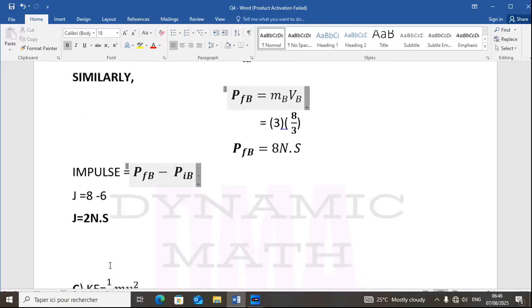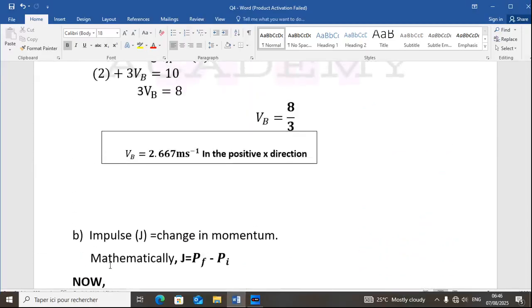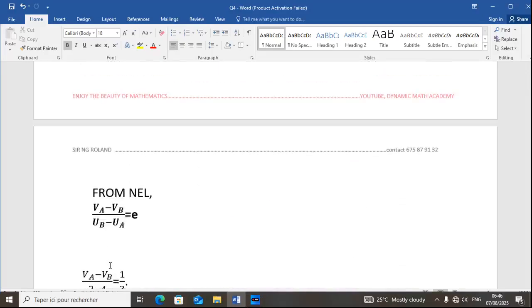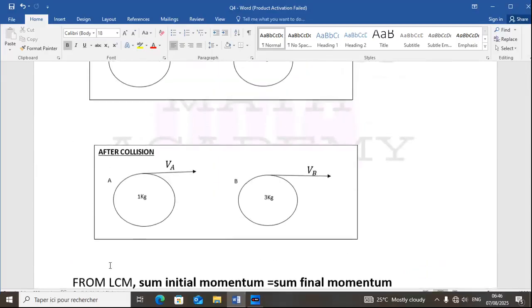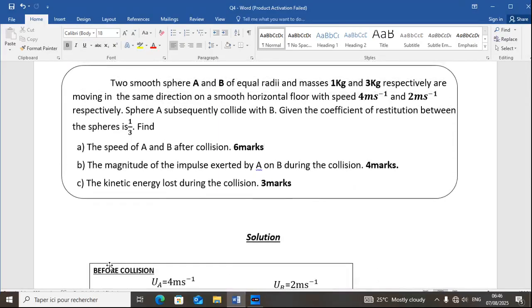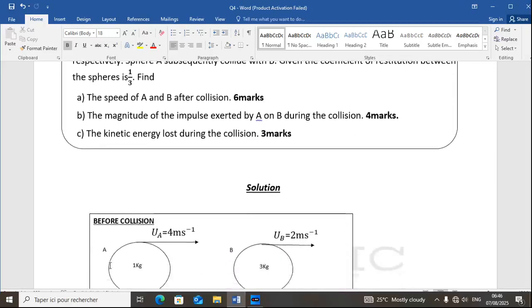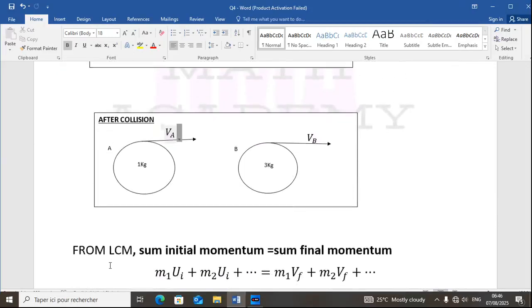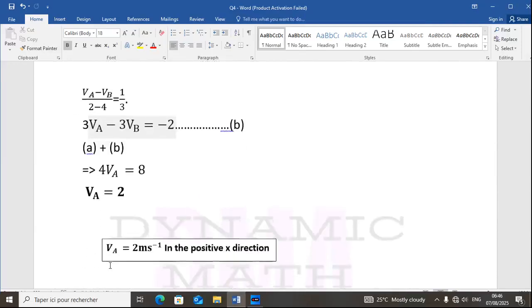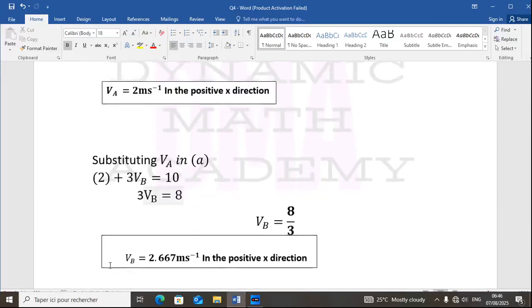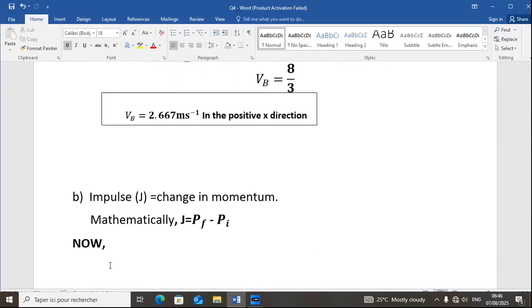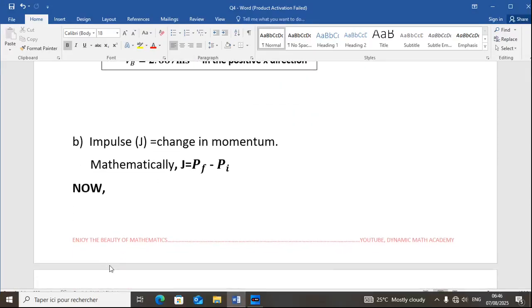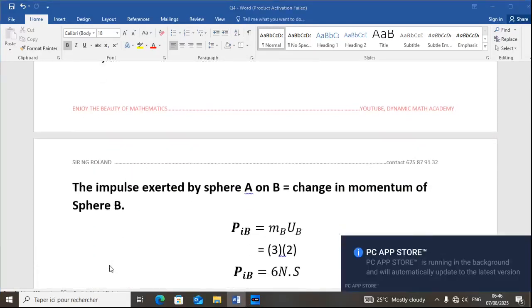Now, C, we are asked to look for the kinetic energy lost during the collision. So, to get the kinetic energy loss, the first thing to do is look for the total kinetic energy before collision, then the total kinetic energy after collision.